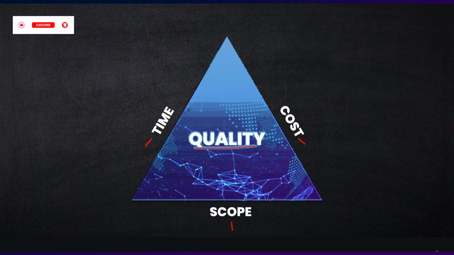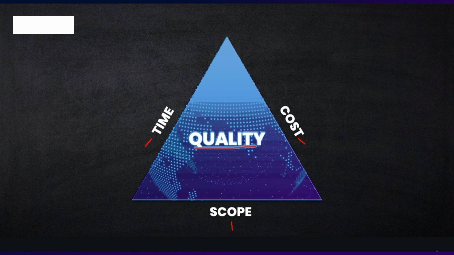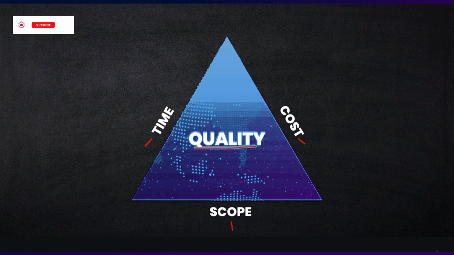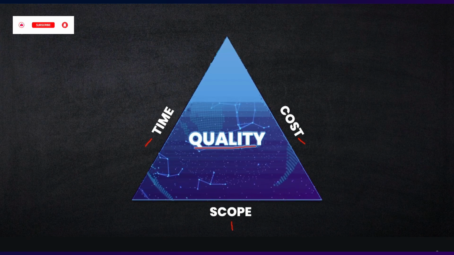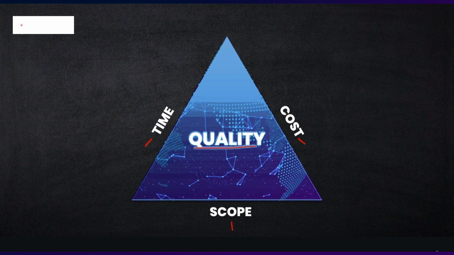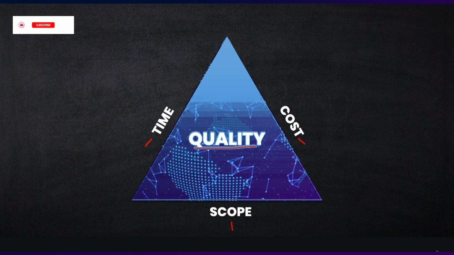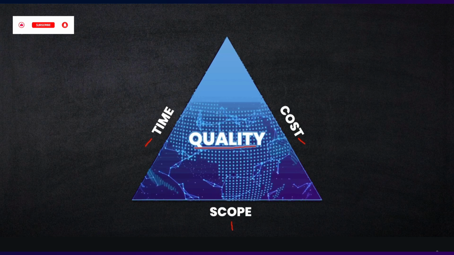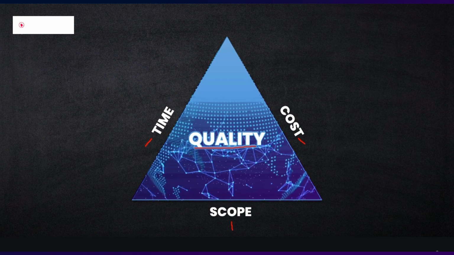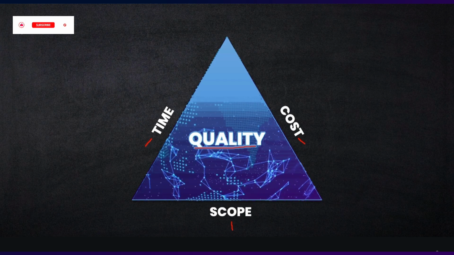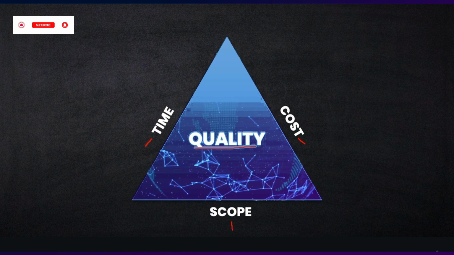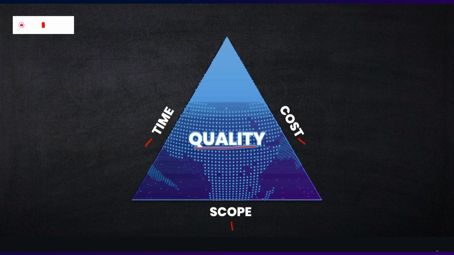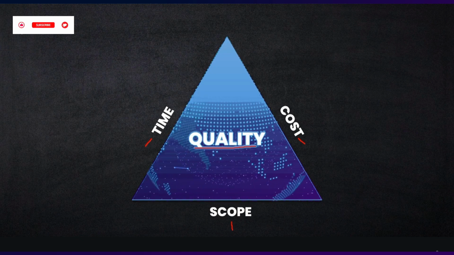But if the test needs to be done quickly, then the more resources we need to throw at it, the cost goes up, and the scope is going to have to decrease because we are going to have to get this done quickly, right? So there really needs to be a good balance in quality, overall scope, and we need to understand the time and cost impact as well.